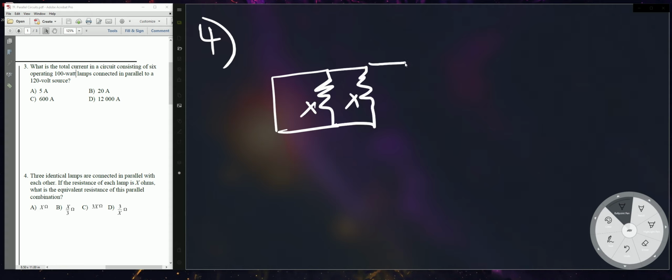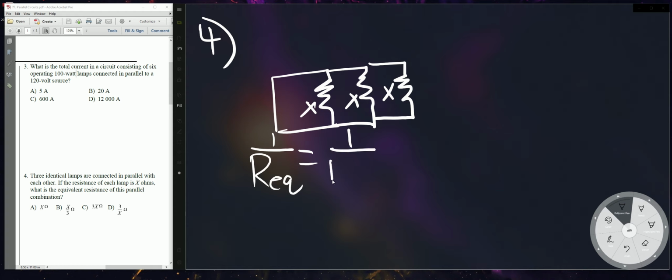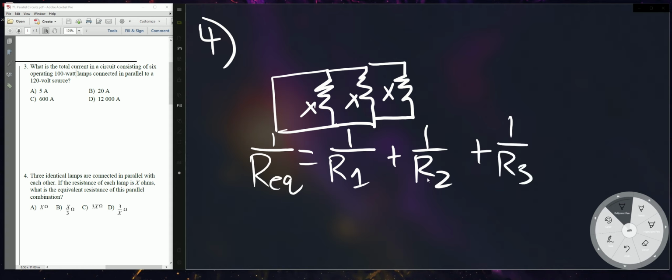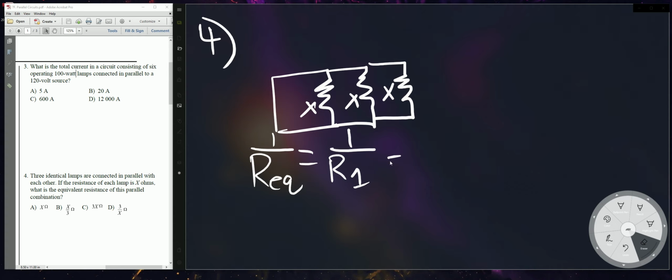You guys should get used to drawing circuits. So you know your equivalent resistance in a parallel circuit is this, right? Maybe I'm taking up too much space, so let's actually erase all of this. I am taking too much space.